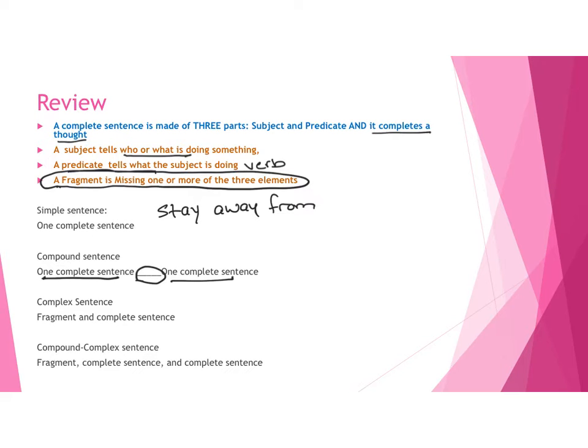Complex sentence is a dependent clause, which is a fragment, and then it's combined with a comma, and then your complete sentence. A compound complex sentence has a fragment, comma, complete sentence, comma, fanboy conjunction, and a comma. And I'll show you the fanboy conjunctions later. So these are your 4 types of sentences.